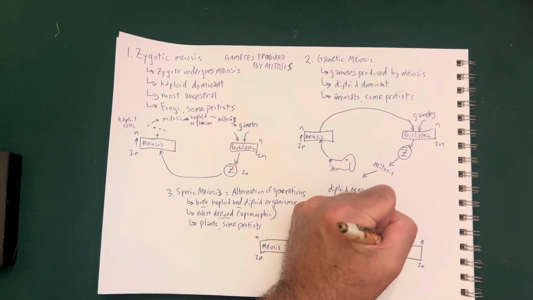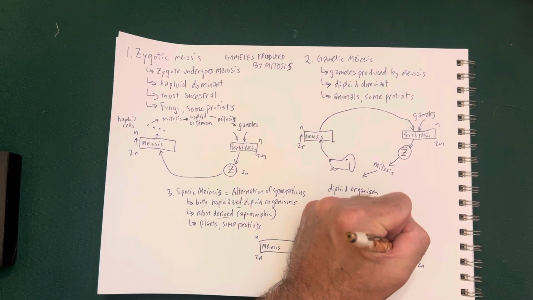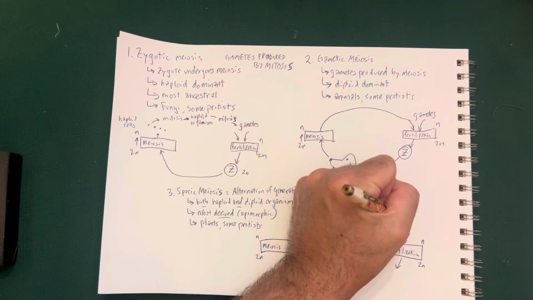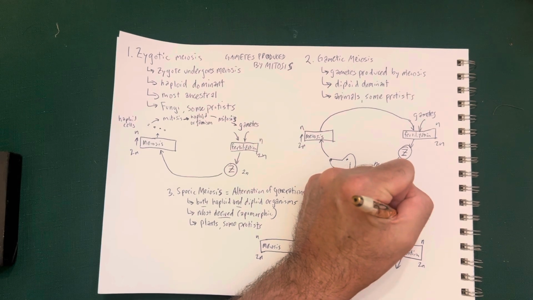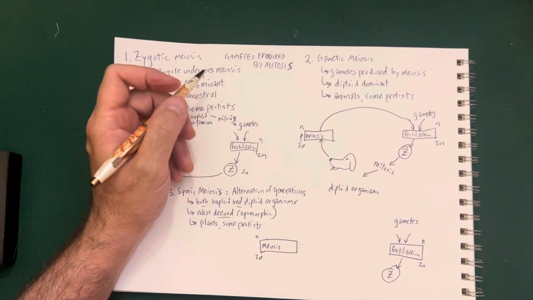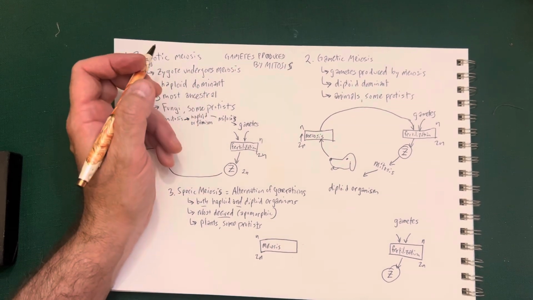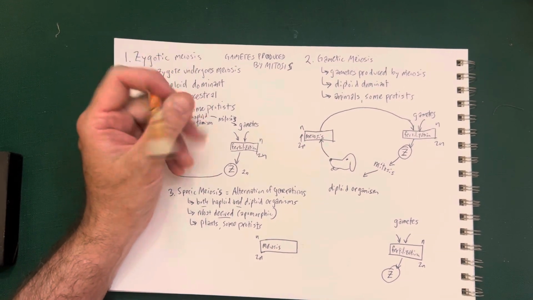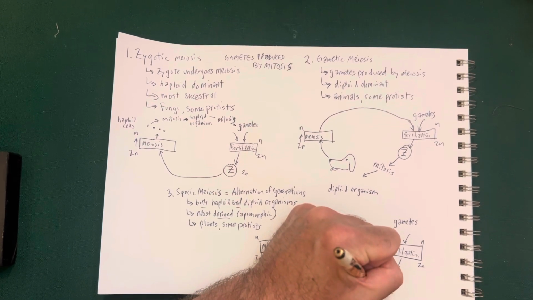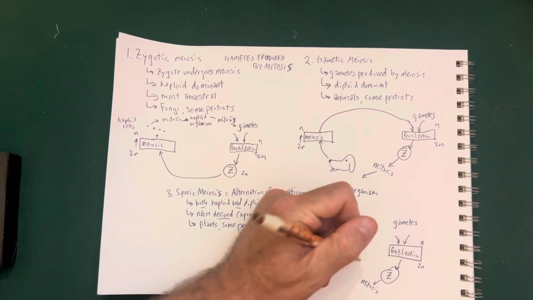Fertilization. And once again, we're going to fuse a pair of gametes to form a zygote. This time we're going to undergo mitosis. We're going to divide that zygote by mitosis.